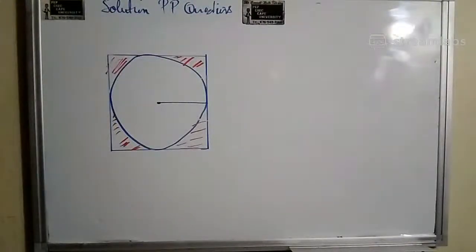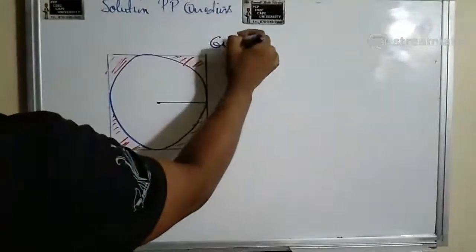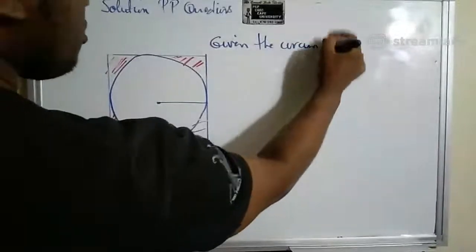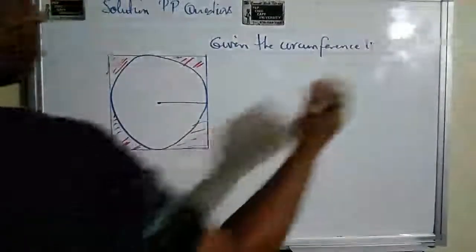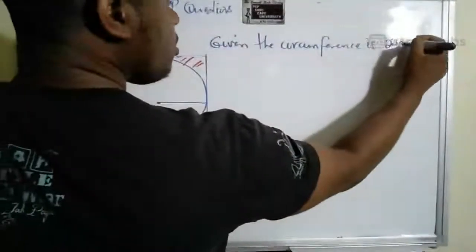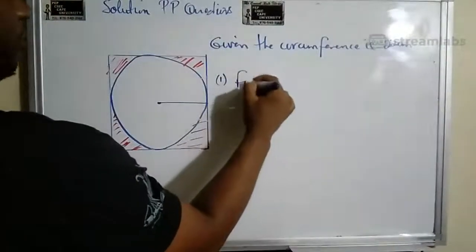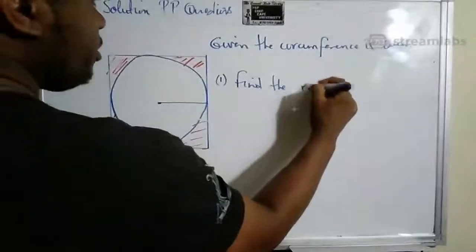Alright, listen to what this question. I love this question. It says, given the circumference is 22 centimeter, 1, find the radius.